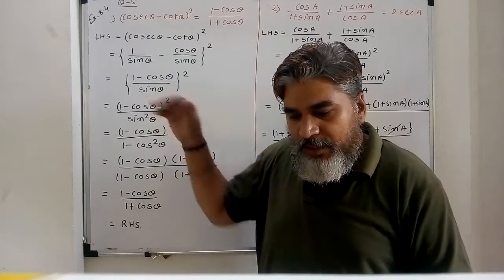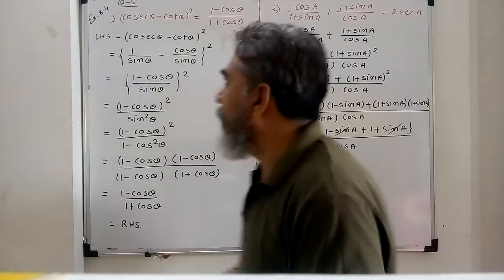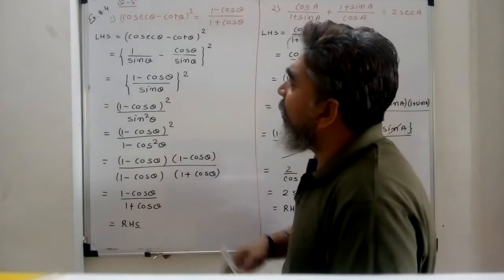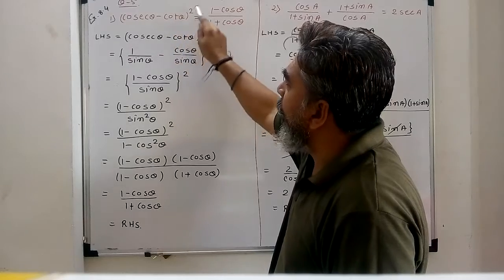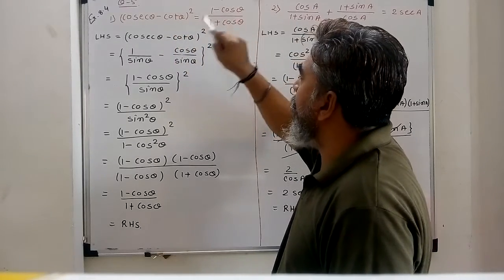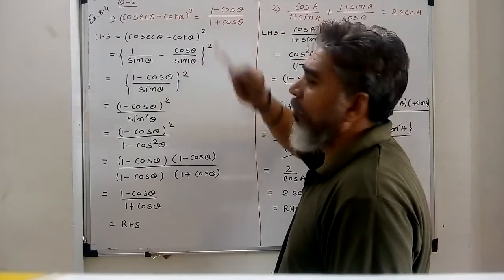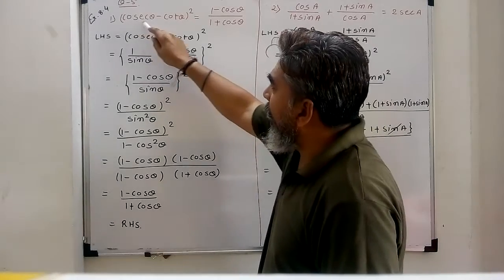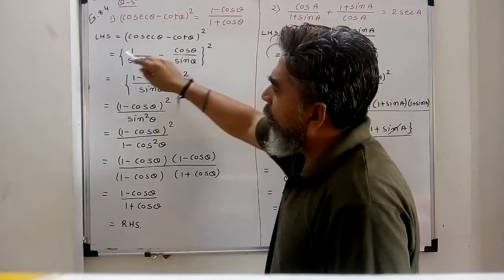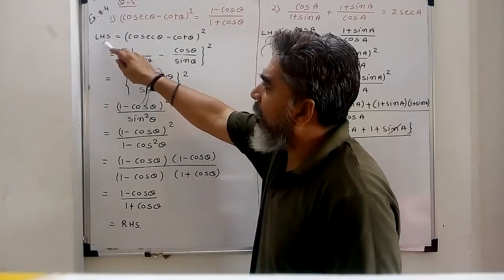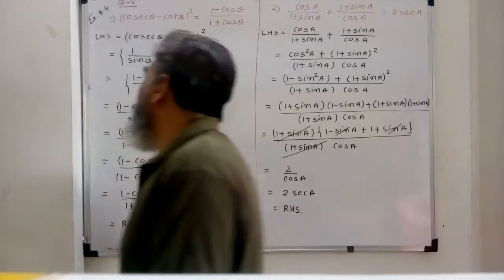Here we start the first question, in which you are given (cosec theta minus cot theta) whole square is equal to (1 minus cos theta) upon (1 plus cos theta). This is our LHS, so I have started from the LHS.